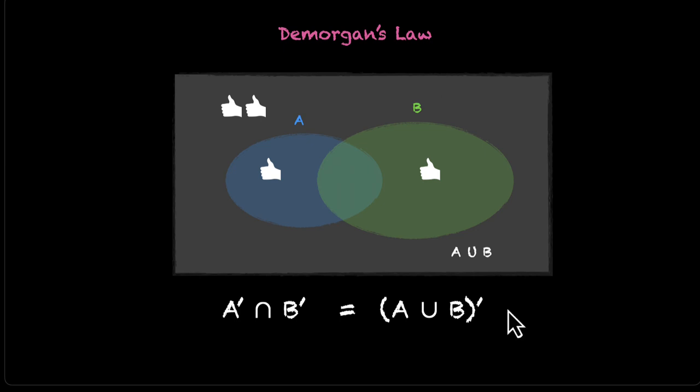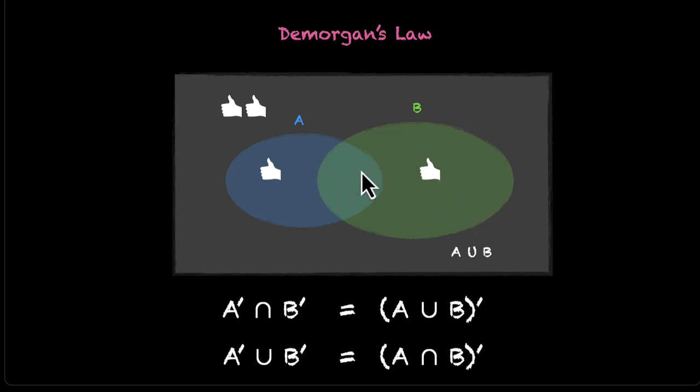De Morgan's law has a second part. Here we took the intersection, but we can also take the union. A dash union B dash is equal to (A intersection B) dash. The signs get reversed. Let's look at this one as well. For this one, we're taking the union of everything that we have marked. We have the gray zone, we have the pure blue zone, and we have the pure green zone. And if we take the union, we'll say that we cover all three regions. But what's left?